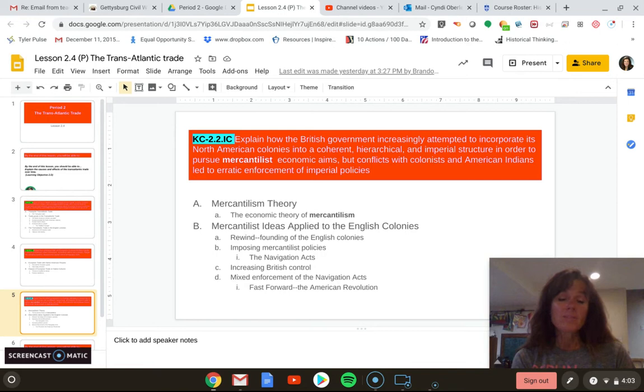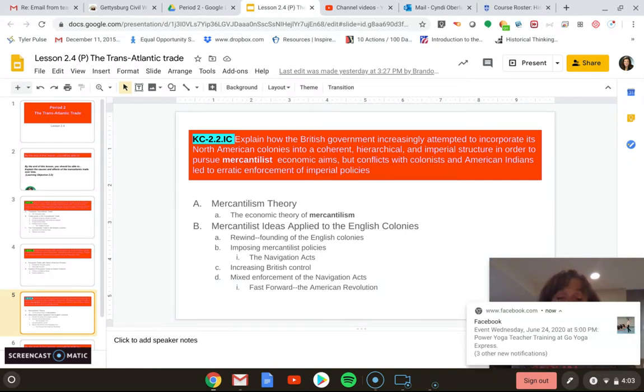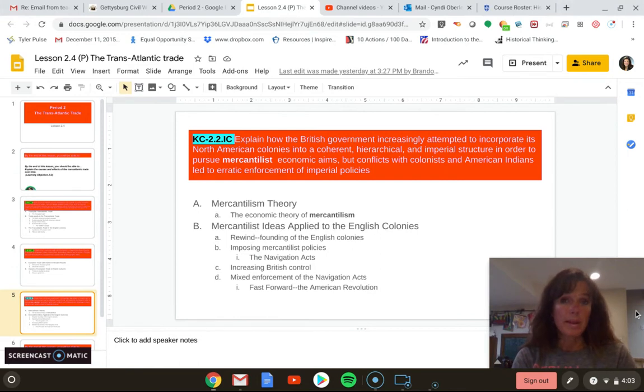The acts required that all colonial goods were shipped directly to British ports. You could not trade or sell to the Spanish. You could not trade or sell to the French. All of these goods also had to be on British ships. Another final component of the Navigation Acts is that the colonists had to buy from the British, sometimes regardless of the price.